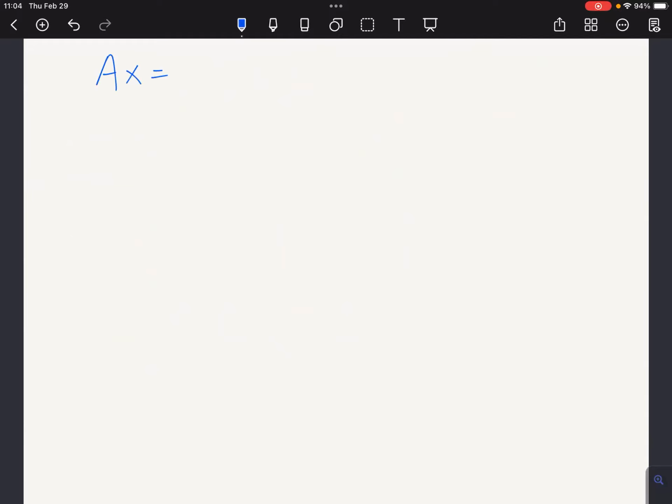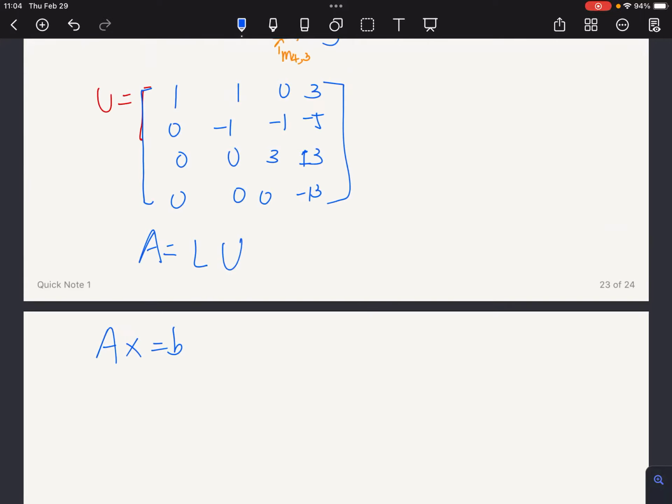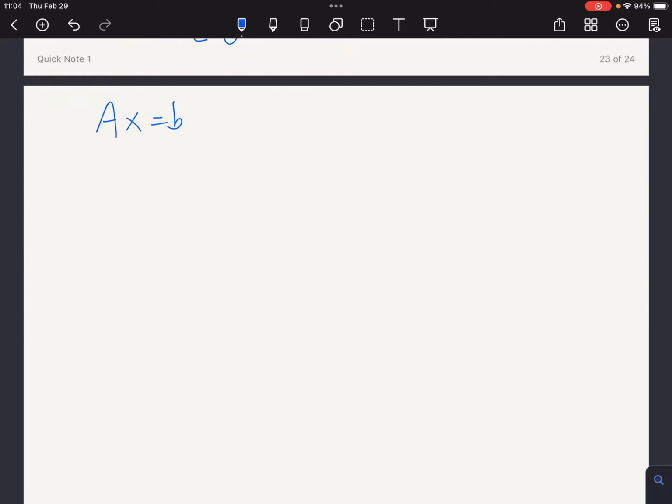Now that we have factorized the matrix into LU, first we solve Ly equals B, and then second we solve Y equals UX. From the first step we get Y, and from the second step we get X.